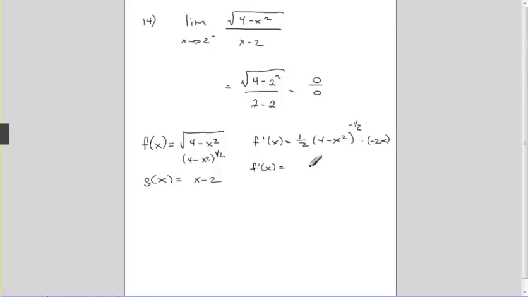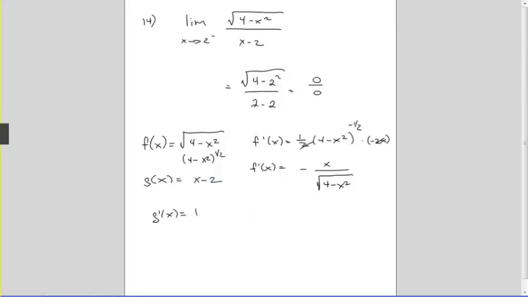So f prime of x is, these 2's cancel out, so we get negative x divided by the square root of 4 minus x squared. And if we do g prime of x, it's just 1. Derivative of x is 1. Derivative of negative 2 is 0.